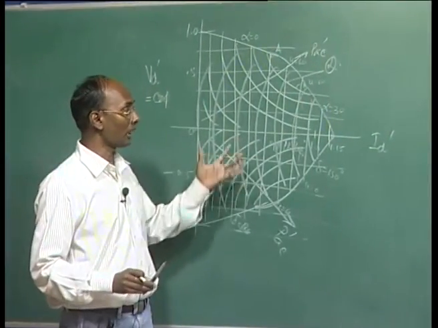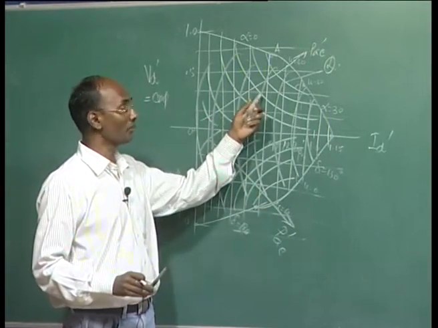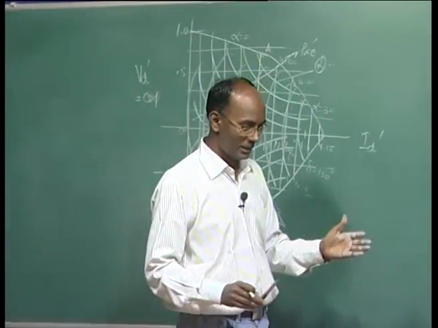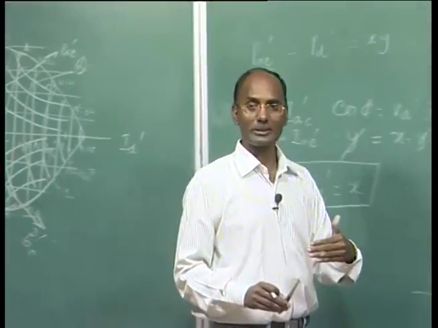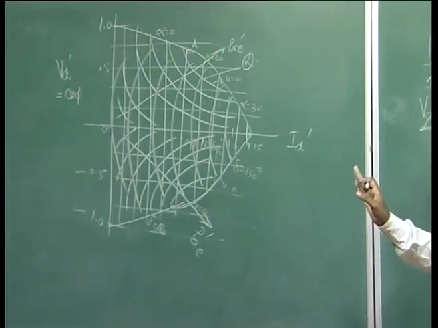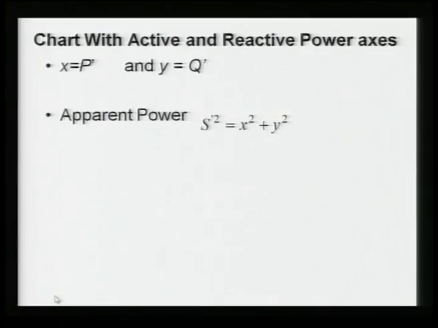It is also better to have the power axis, so we have to reverse this curve, because here P and Q are there. So we can have Q on the y axis and P on the x axis, and then we can draw all these quantities again, but that chart becomes very, very complex. So let us see what those quantities are, and then we can define them here.